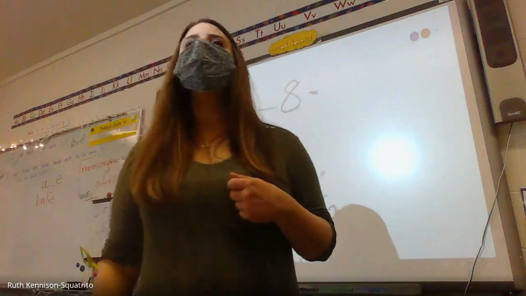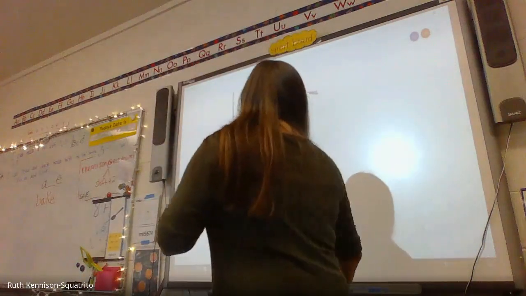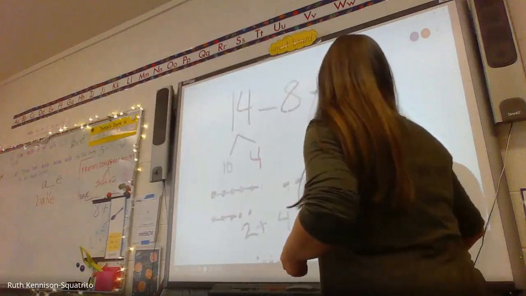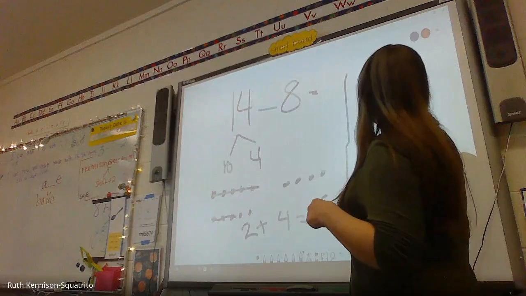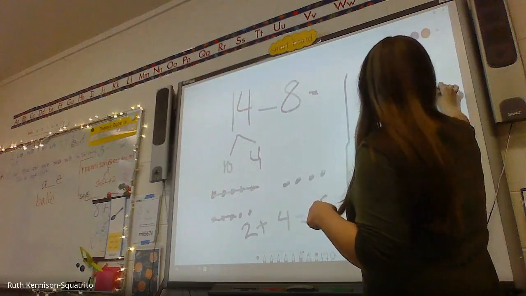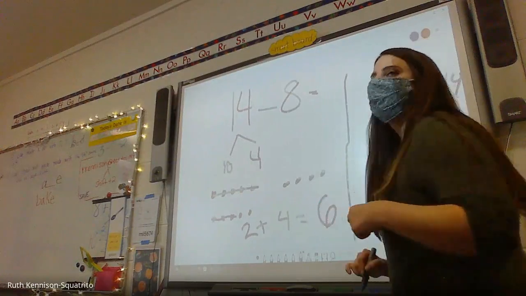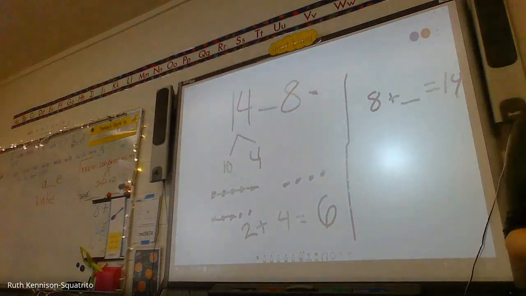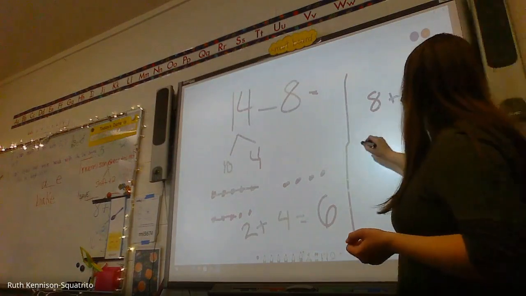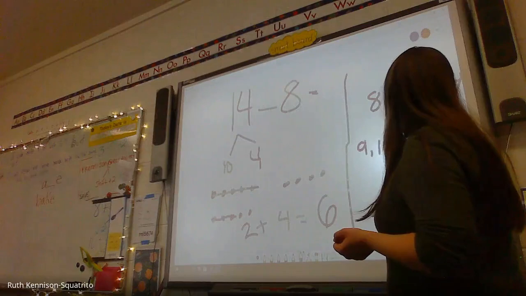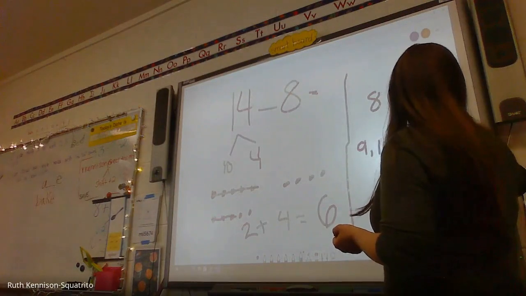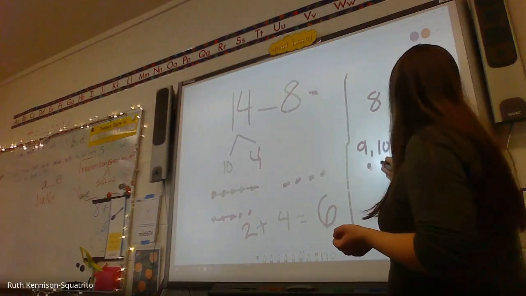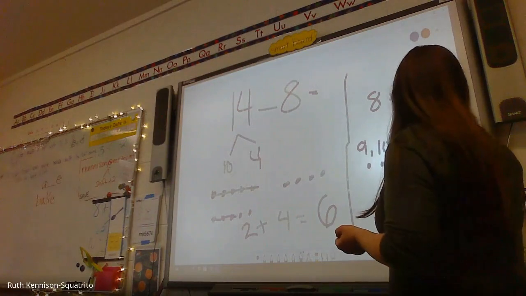And then I saw some of you did kind of like this. Essentially, when you count up, you're doing 8 plus what equals 14, which is awesome. That's exactly. And then you go 8, 9, 10, 11, 12, 13, 14. Okay, 1, 2, 3, 4, 5, 6.